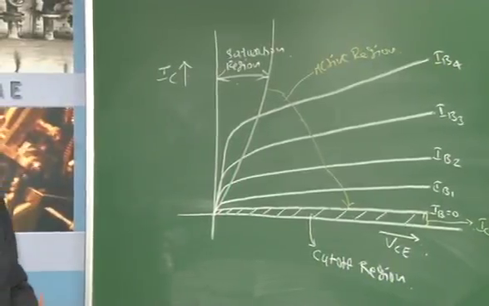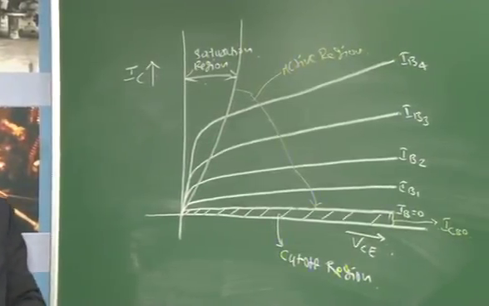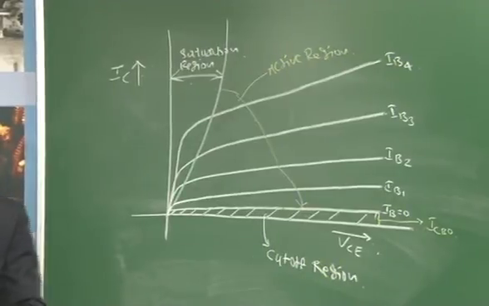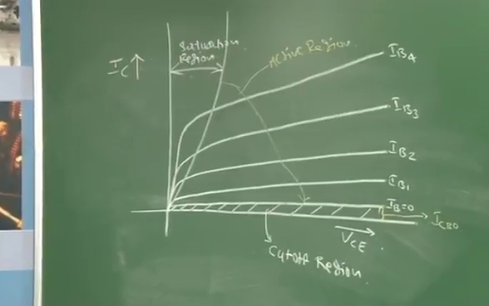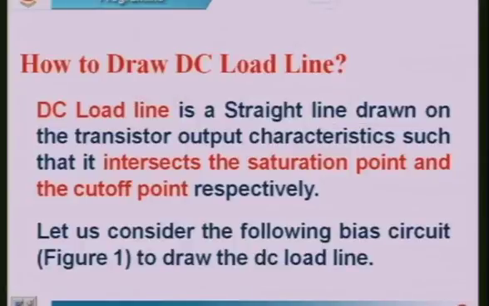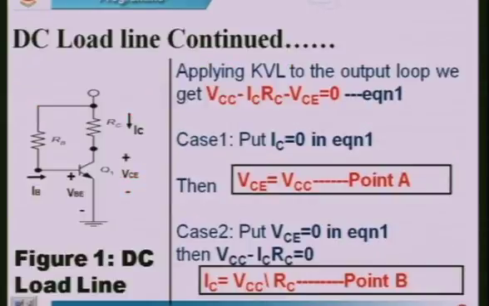Now, we are concentrating on the DC load line. So, let us consider the following circuit to draw the DC load line. Here is the circuit, figure 1, DC load line.